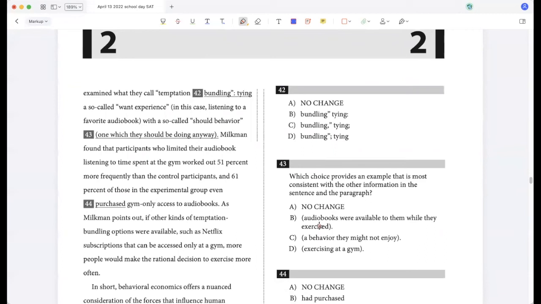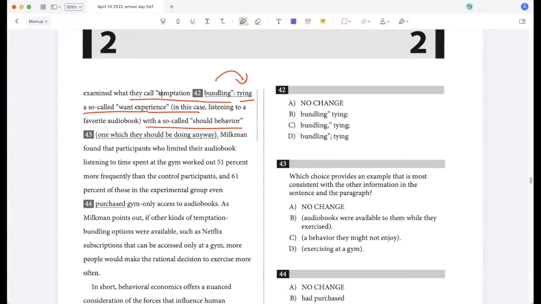Okay. Now here I'm saying that these researchers examined what they call temptation bundling, and then I'm explaining that, right? Tying a so-called want experience with a so-called should behavior. So this is a definition of temptation bundling. So the way it's written makes sense.